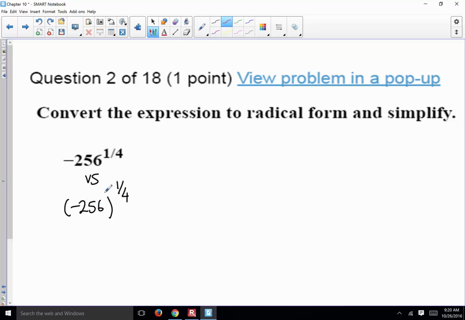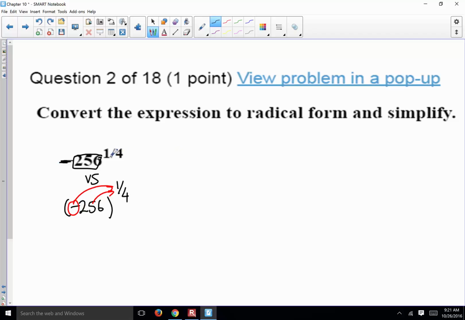This has both the negative sign and the digits 256, both under the power 1/4. This 1/4 only covers the digits. Negative is left out. This is just a traditional understanding in math.